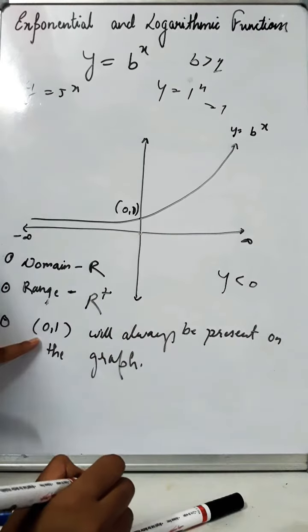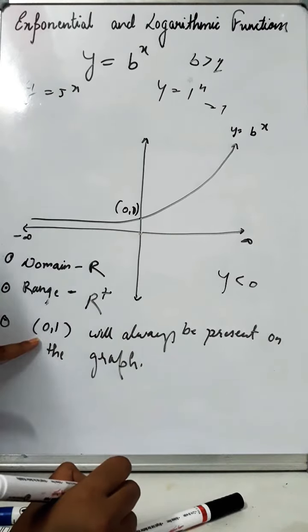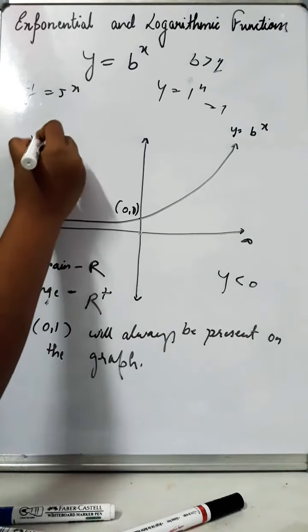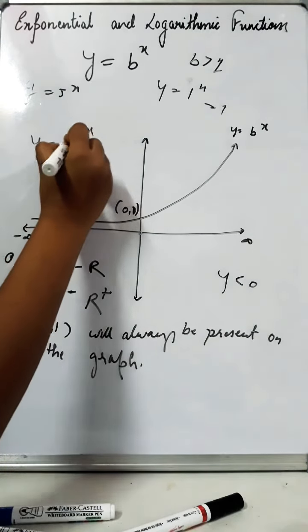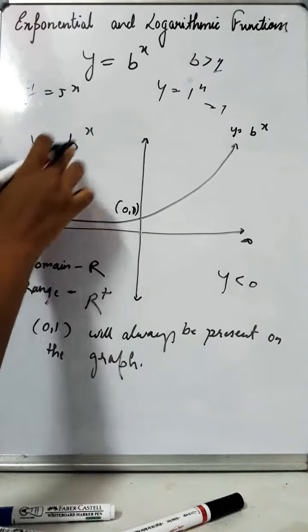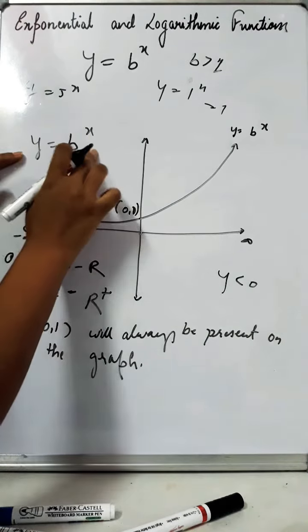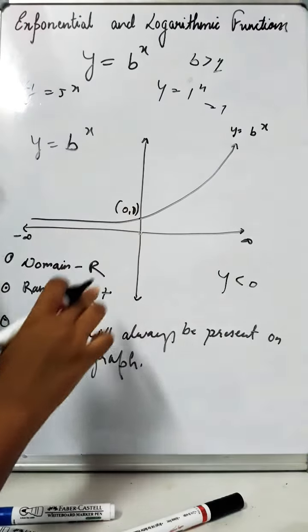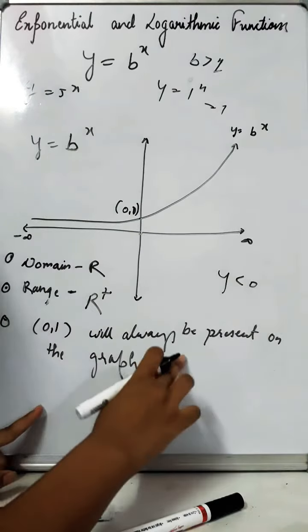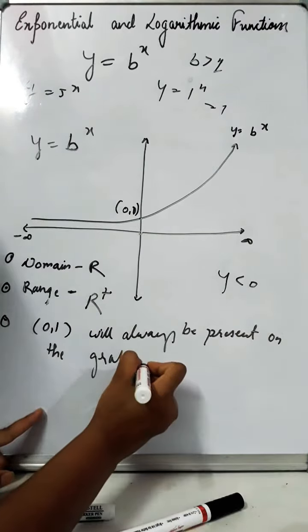And you know how (0, 1) is going to be present, because your function is y is equal to b to the power x. If you put x as 0, y will always be 1 irrespective of the base. So (0, 1) will always be present on the graph.